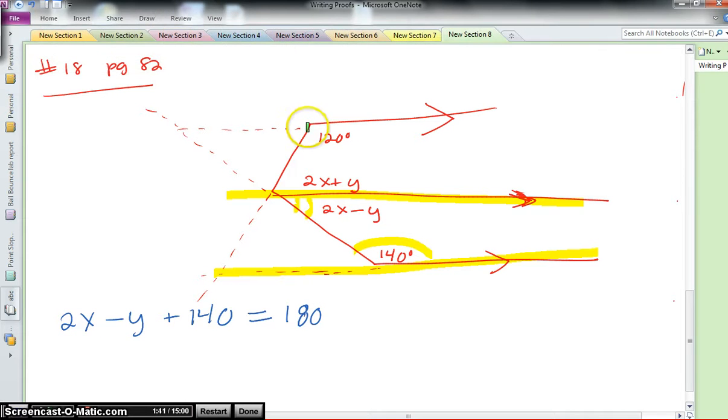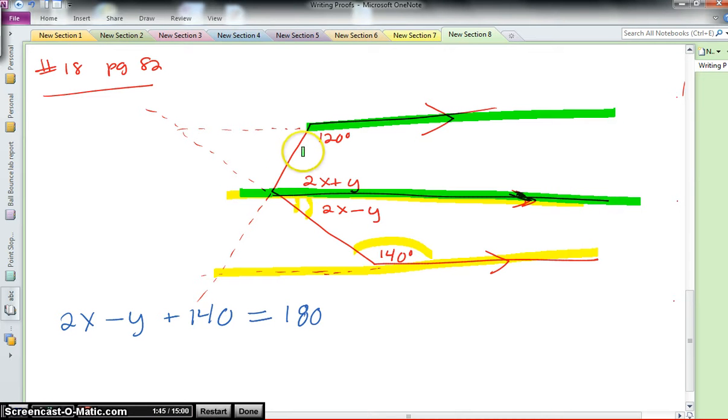And in terms of these two parallel lines, we've got another pair of same side interiors. And we know that the sum of those two have to equal 180 degrees.